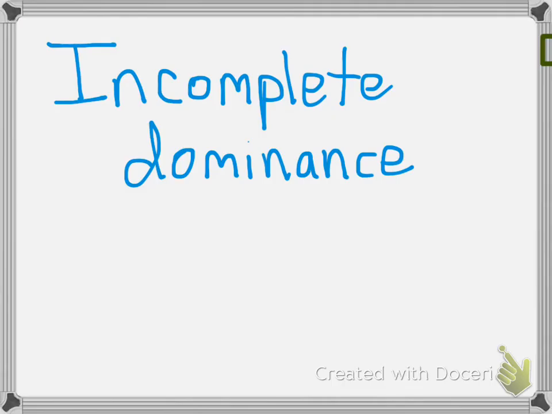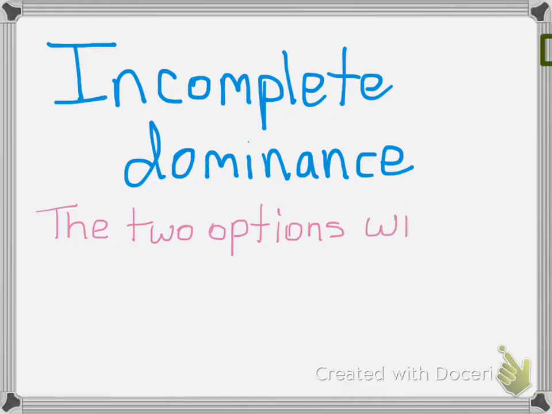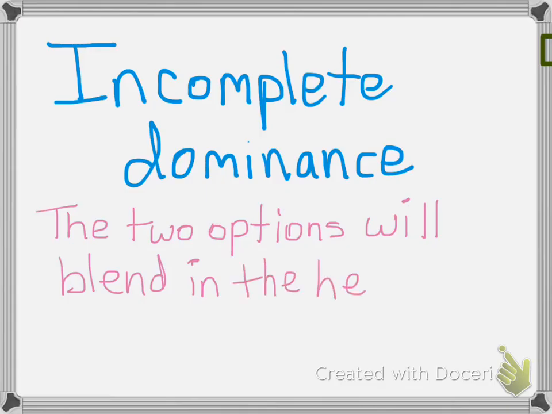And the idea with incomplete dominance is that the two options, the two alleles that we've been working with, will actually blend in the heterozygous state.